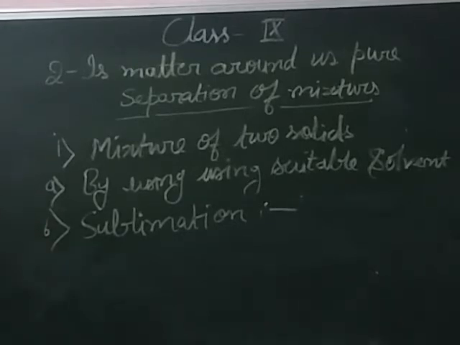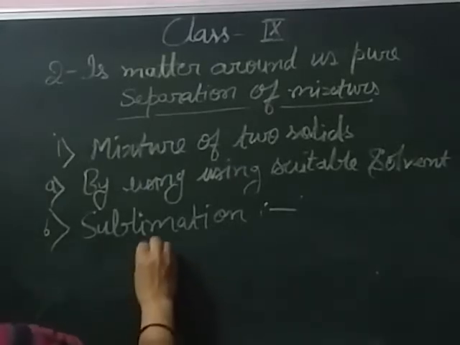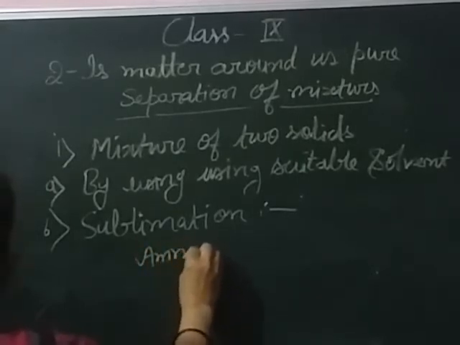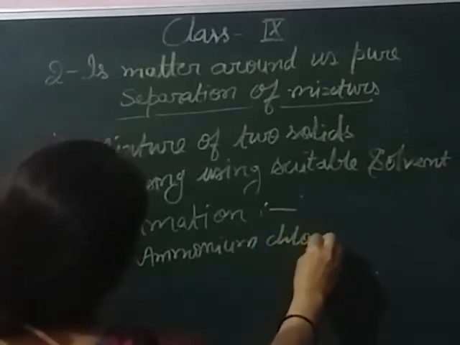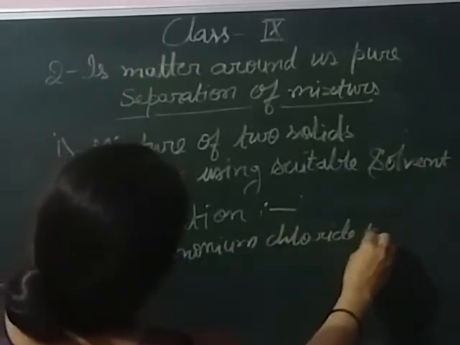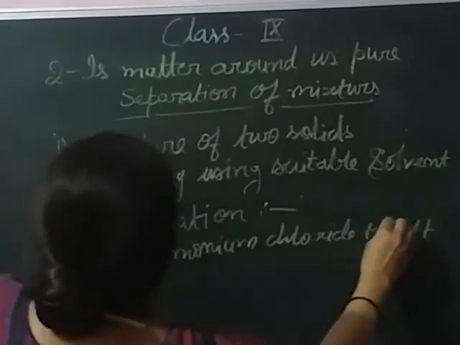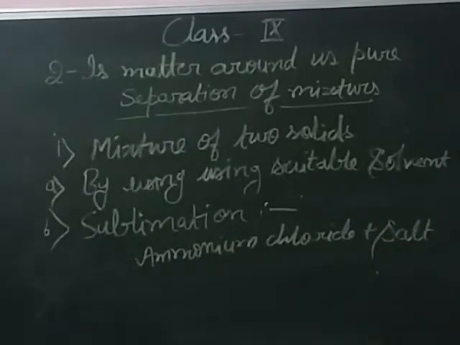If the mixture has one sublimating substance, then we use the sublimation technique, like a mixture of ammonium chloride plus salt. Ammonium chloride is sublimating in nature, and salt does not show sublimating properties.